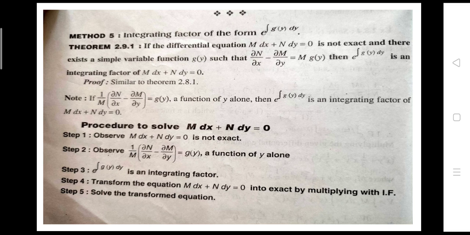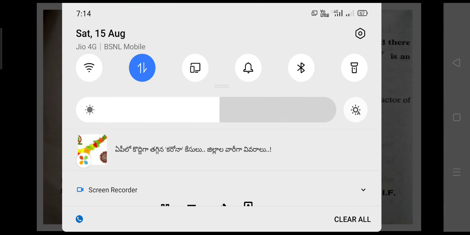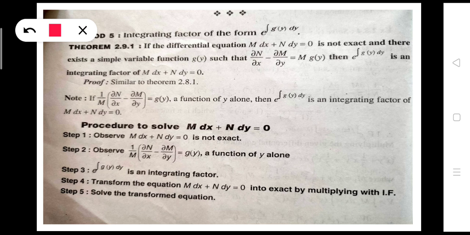To know about the above integrating factor method, first we have to know the theorem of this concept. What is the theorem? The differential equation m dx plus n dy is equal to 0 is not exact, and there exists a single variable function g of y such that dou n by dou x minus dou m by dou y is equal to m into g of y.